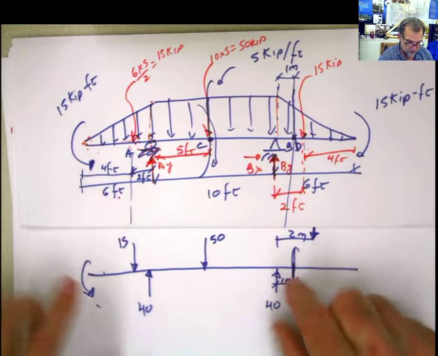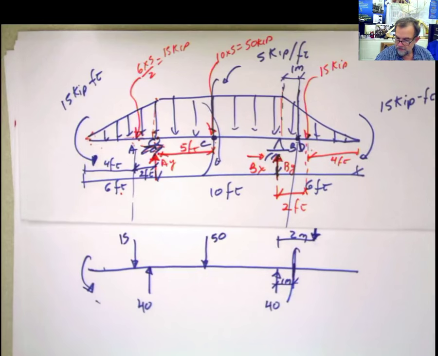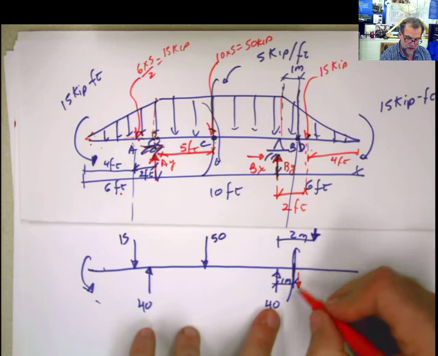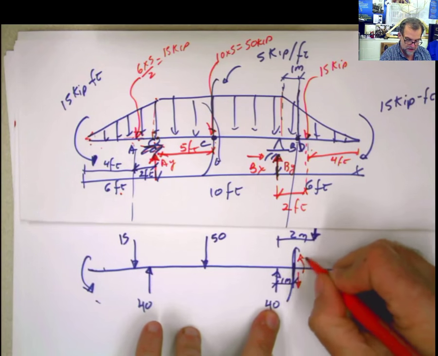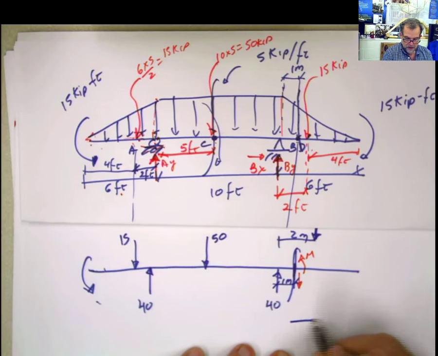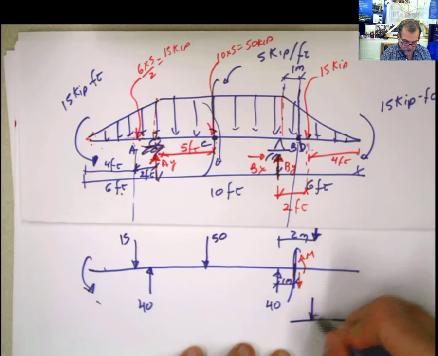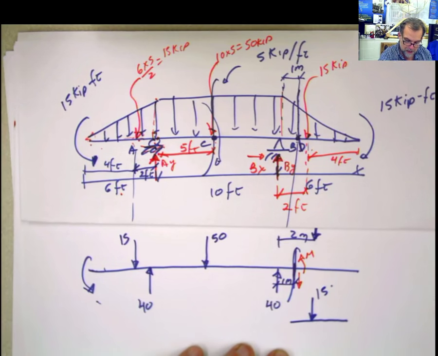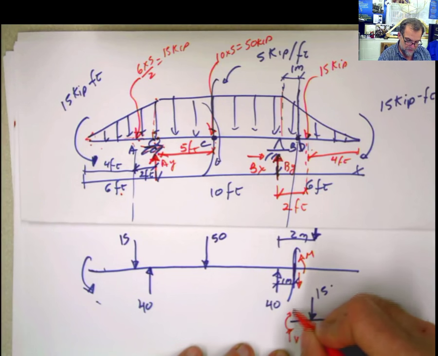So if I'm studying this side, that force should be out and shouldn't be taken into account, and then I do this for my shear and this for my moment. And if I select the other side, I put the total force here of 15 kips, and then I put my shear and my moment.